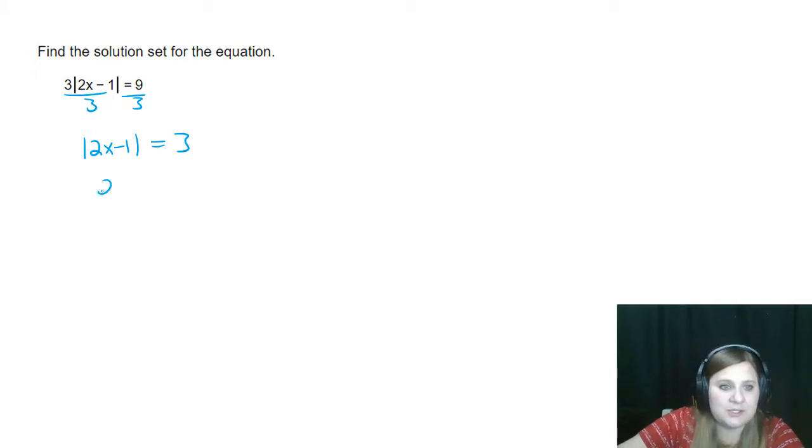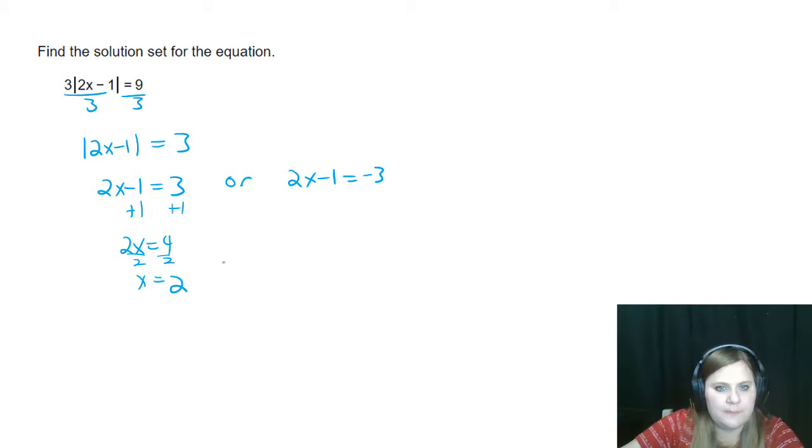Now I can say 2x minus 1 equals 3, or 2x minus 1 equals -3. I can solve this first one, and I get x equals 2. And I can solve the second one, and I get x equals -1.